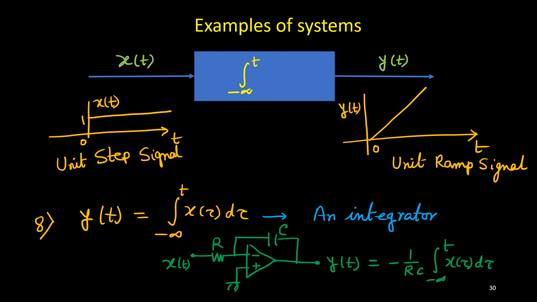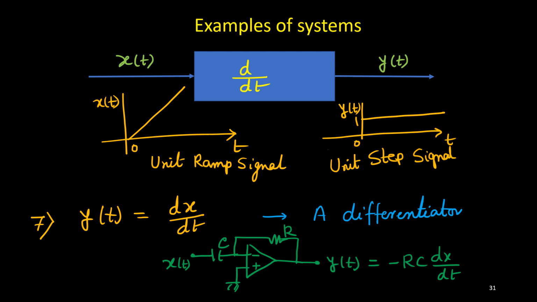Similarly, a differentiator: y(t) = dx/dt. There R and C we can just interchange. The capacitor is connected here and R is connected here, and you will find that y(t) = −RC dx/dt. If you apply a ramp signal at the input of the differentiator, the derivative of t is the constant 1, so you will find a unit step signal.